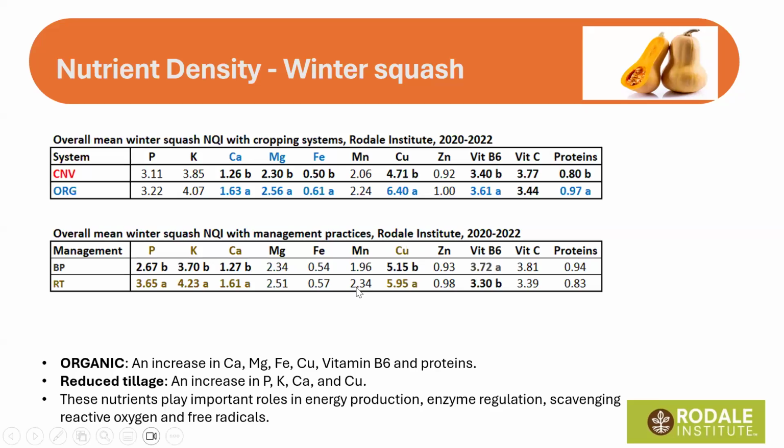So here you could see that the copper in the organic was higher, the vitamin B6 was higher, and proteins were higher in the winter squash.